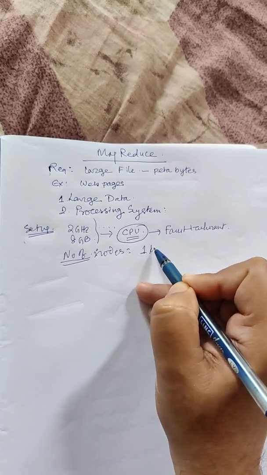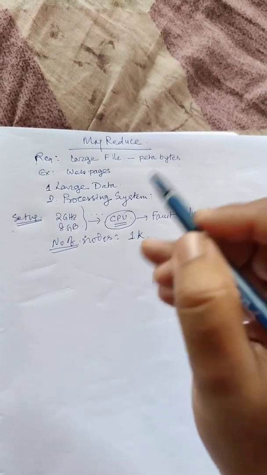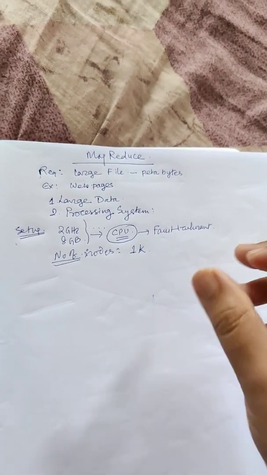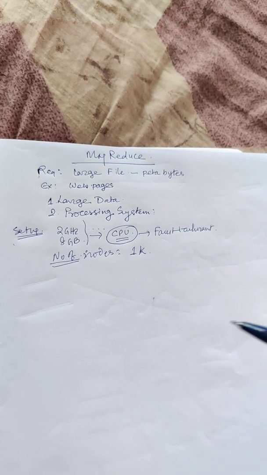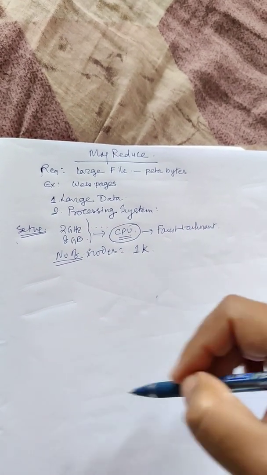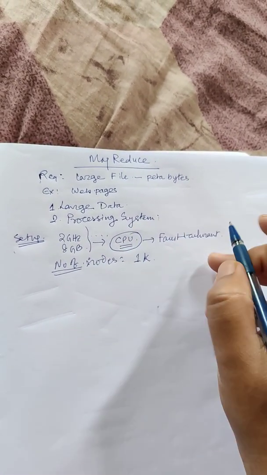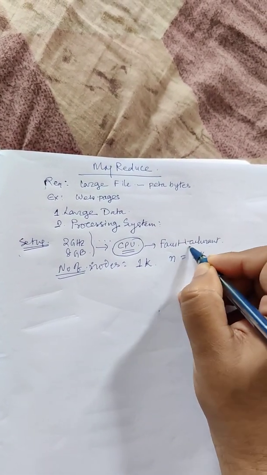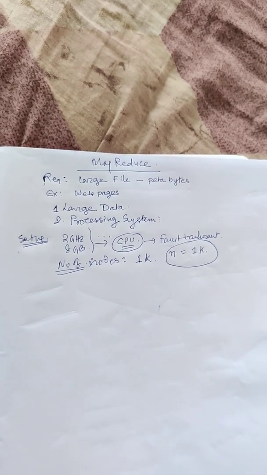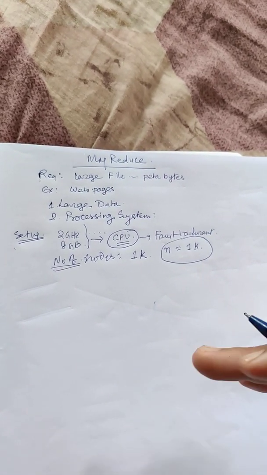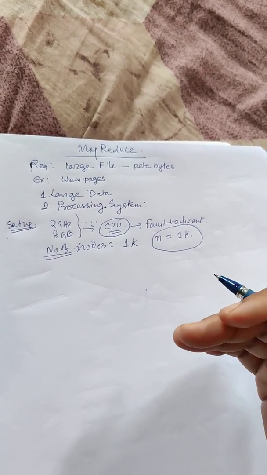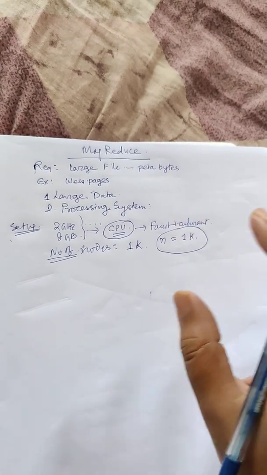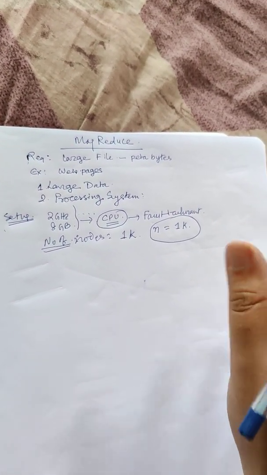Roughly around 1000 nodes or commodity CPUs can be used in this whole MapReduce setup, right? If we say the number of nodes is 1000, then we will see what type of mechanism or architecture they normally follow. We will understand the simplified version.